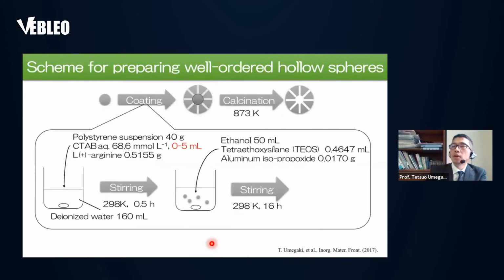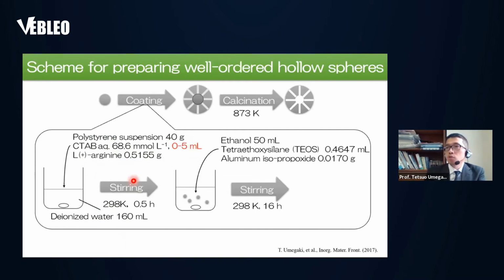This is a scheme for preparing the well-ordered hollow spheres. Ethanolic suspension of spherical polystyrene particle templates, aqueous CTAB solution, and L-arginine as a promoting agent to form the shell were added into the deionized water. In this investigation, we aimed to identify the effect of the CTAB amount on interparticle space structures and acidic properties.